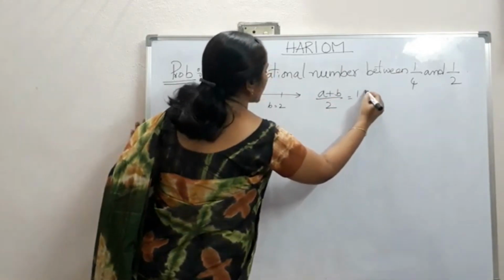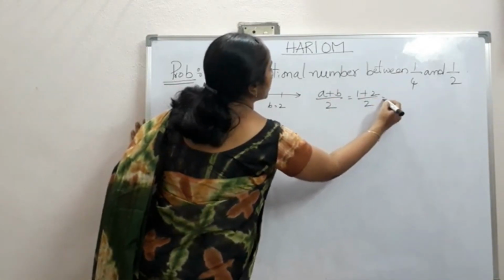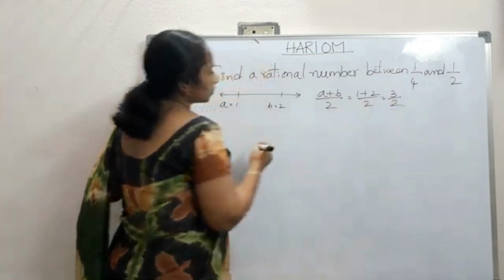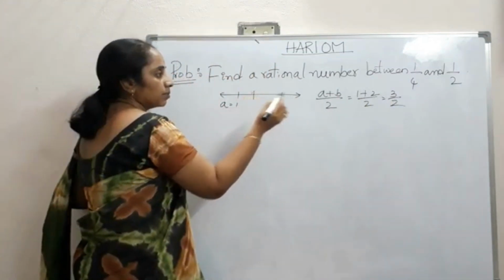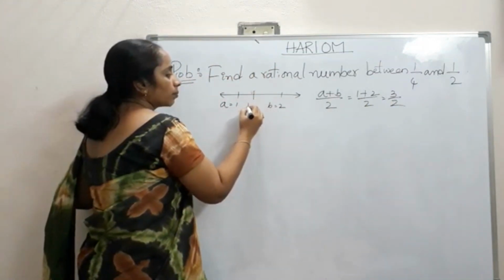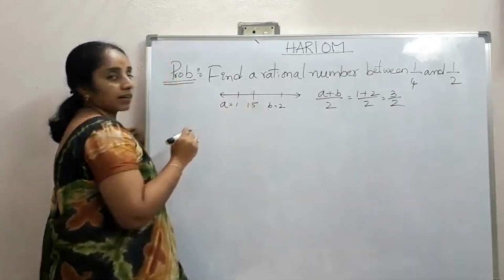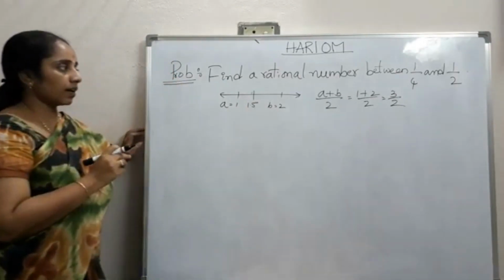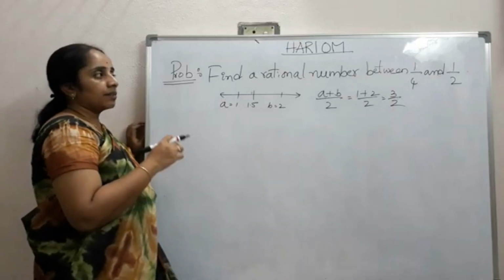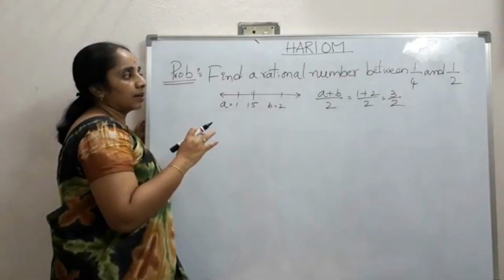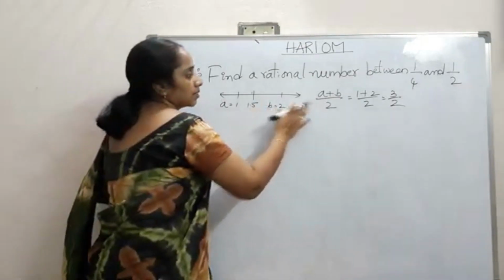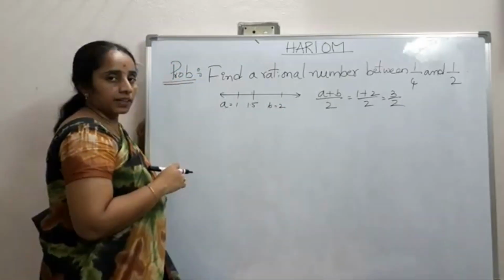Here it is (1 plus 2) by 2, it is 3 by 2, which is nothing but 1.5. Likewise, exactly between two rational numbers means we can use this formula and we can calculate.